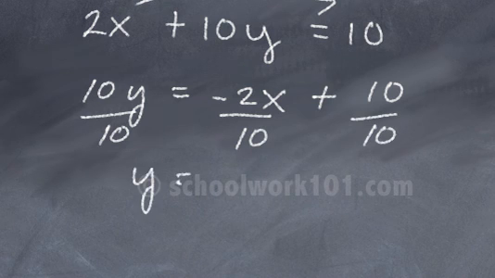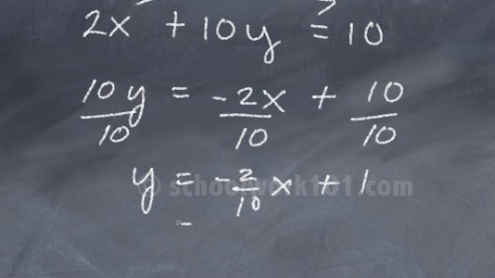So we have y is equal to negative 2/10 x plus 1. Now this simplifies down to negative 1/5 x plus 1.